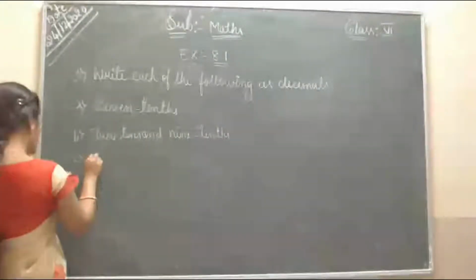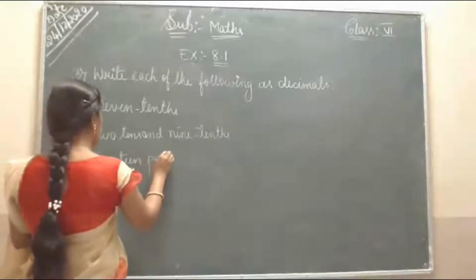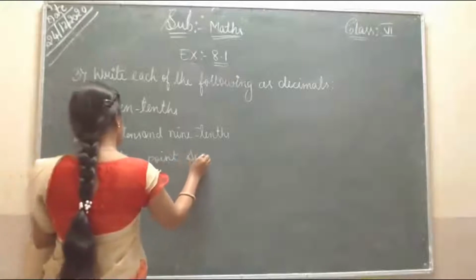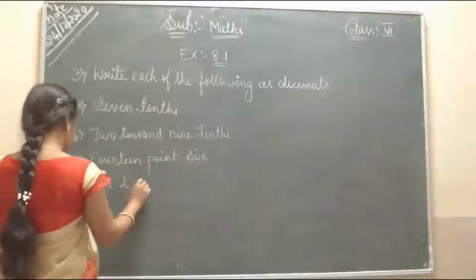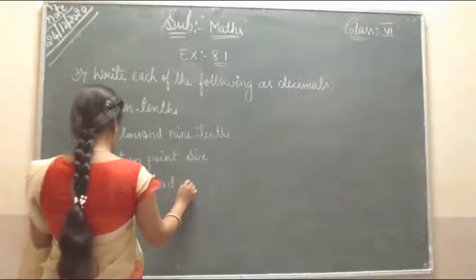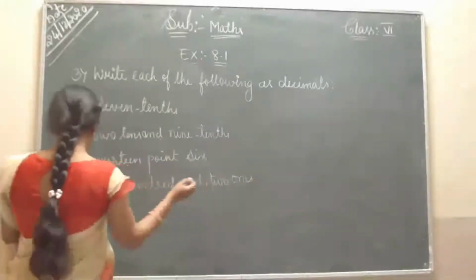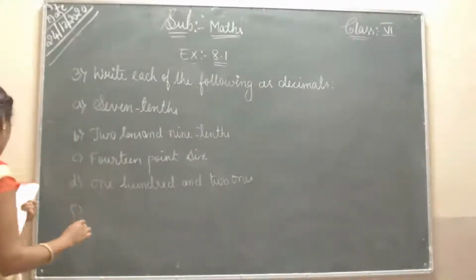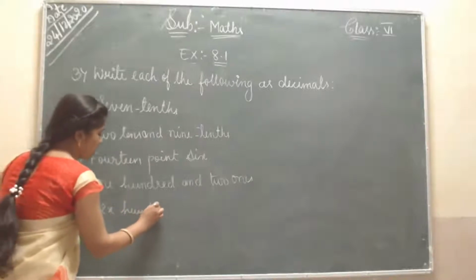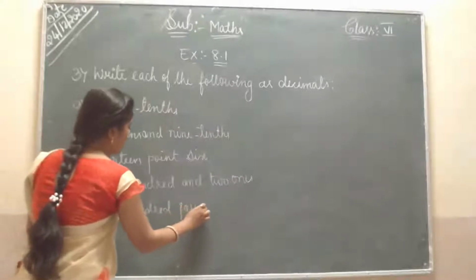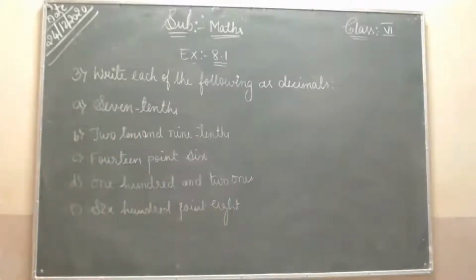C, 14.6. D, 100 and 2 ones. E, 600.8. So these are the statements.